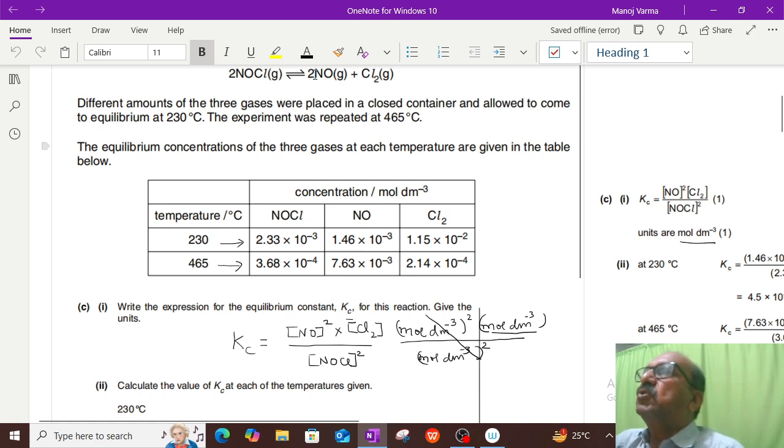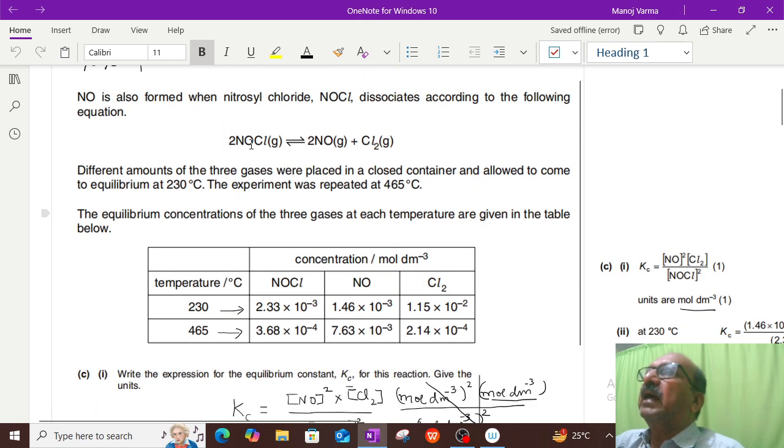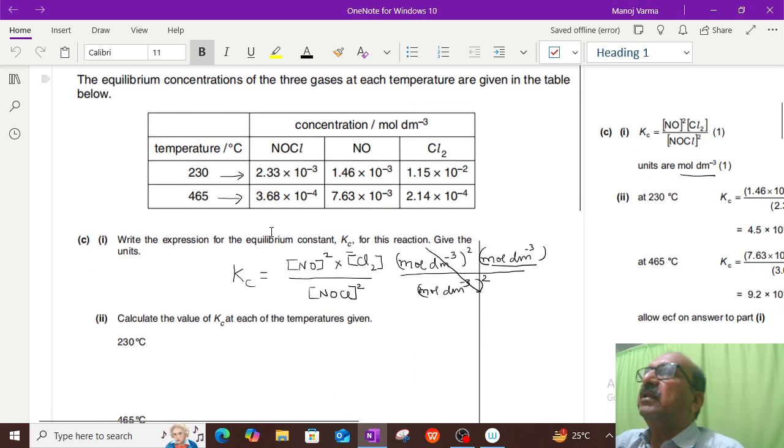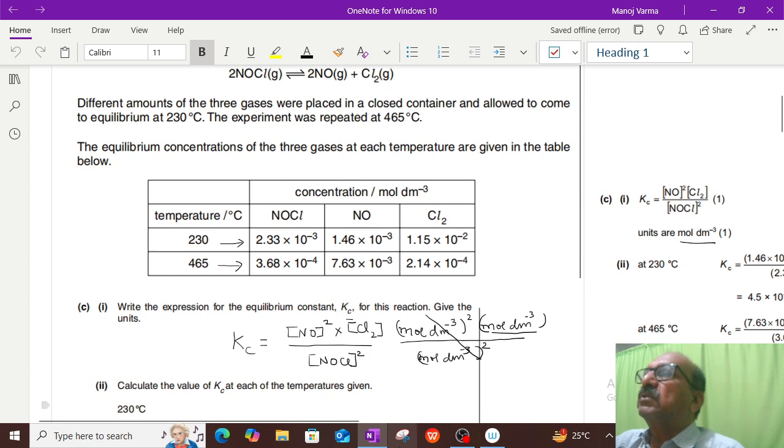And then this 2, which is the coefficient for NO, goes as the power. So the concentration of NO squared into the concentration of chlorine, here 1, so no need to write any power. Then divided by the concentration of the reactant, which is NOCl, and then this coefficient 2 goes as a power. So this is the expression for Kc.